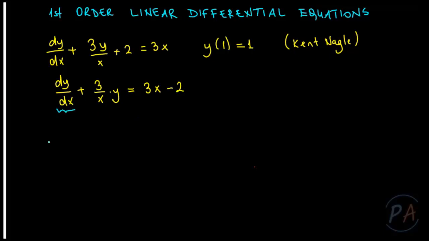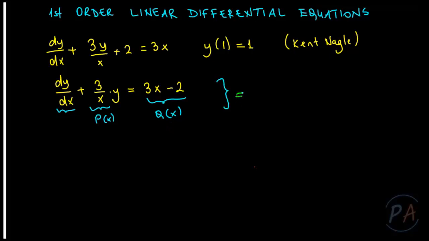Now we see that the term dy over dx is here, and the coefficient of the dependent variable y is p of x, and the right hand side is a function of the independent variable x, let's say q of x.